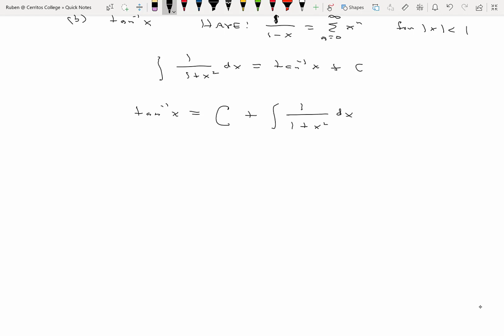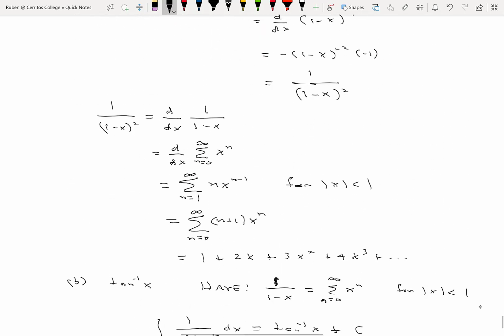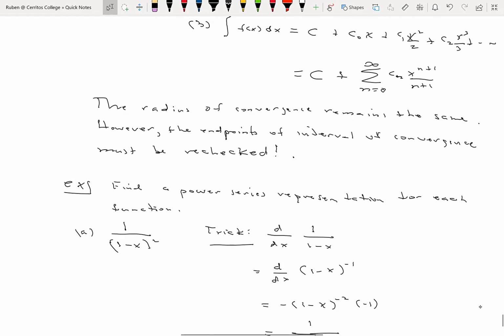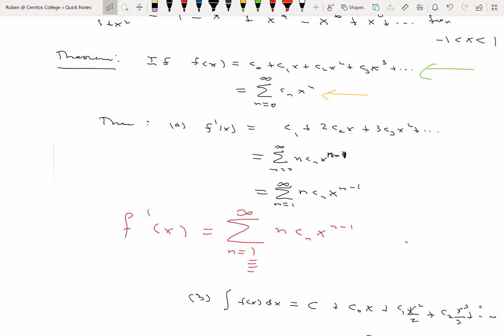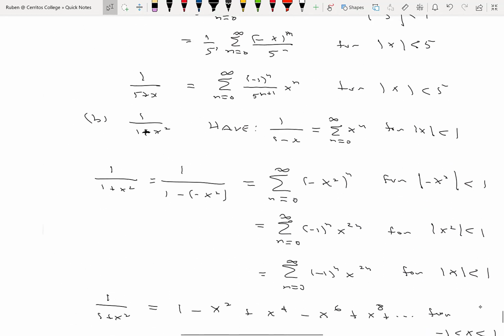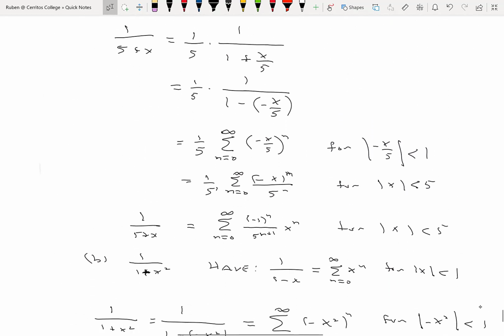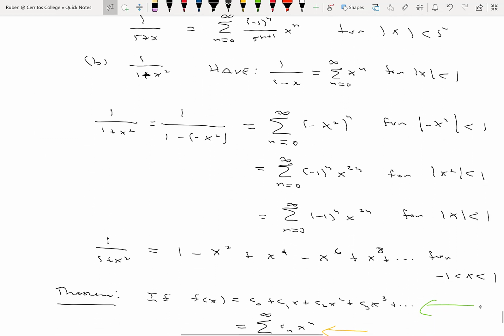Now look under that integral sign and look way back to, where is it? Way back. I didn't realize it was out here. Part B of the previous example.